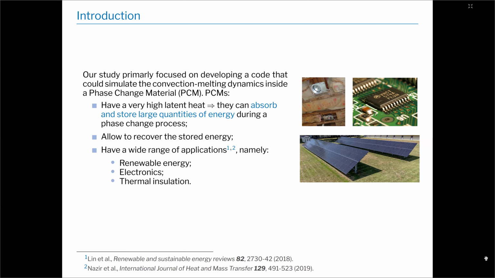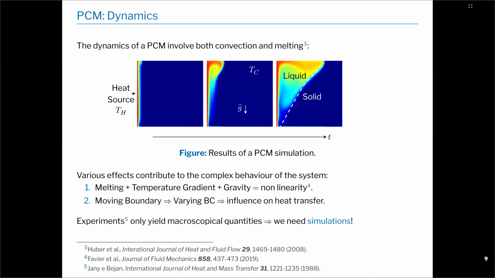Going on, the dynamics of a phase change material, in this case a material that goes from solid to liquid, involve both convection of the substance and melting. As we can see in this qualitative picture, this gives a very nonlinear dynamic. We have here the substance that is solid and a heating source on the left.